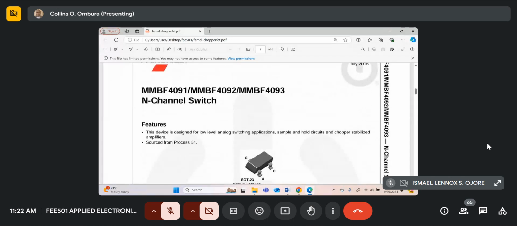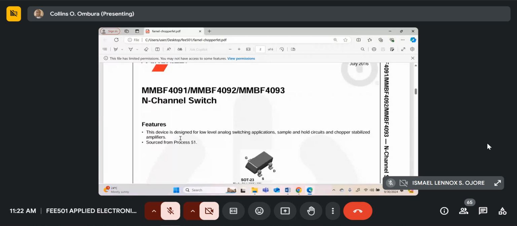They've got various chopper FETs, these numbers over here. You can see the features. It says that this device is designed for low-level analog switching applications, sample and hold circuits, and chopper stabilized amplifiers. So you cannot just go to a shop and get an FET and use it as a chopper.